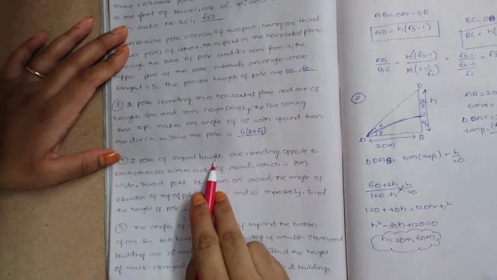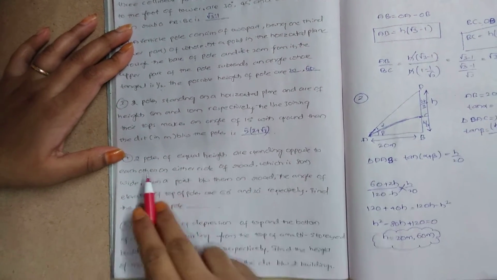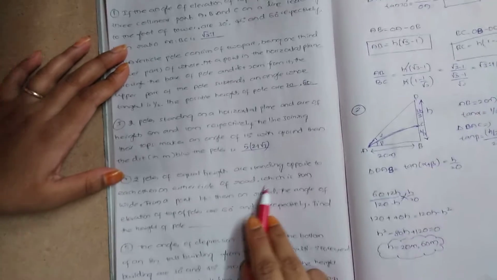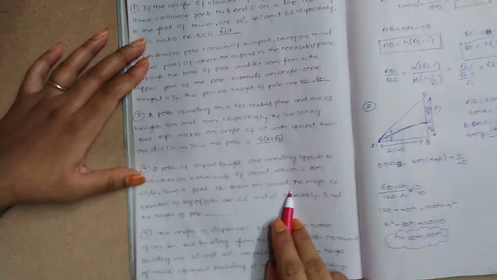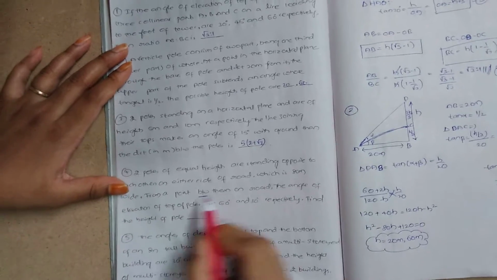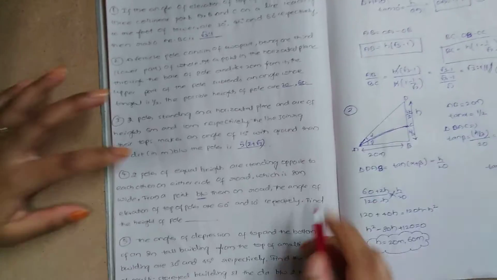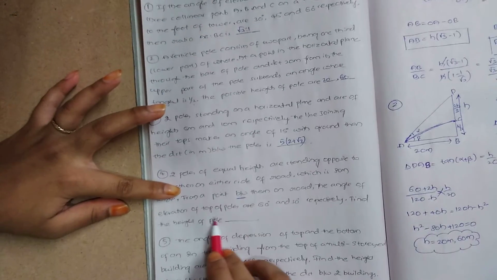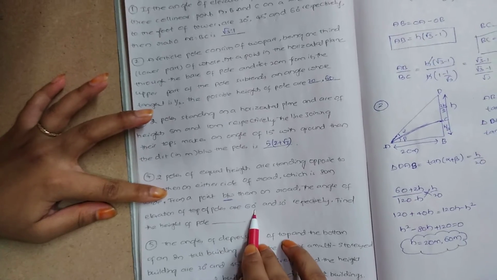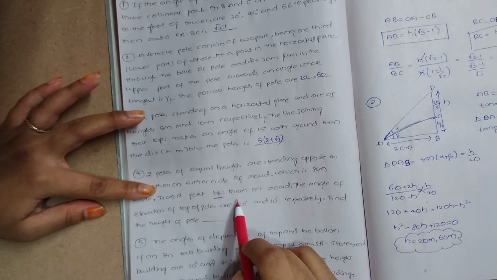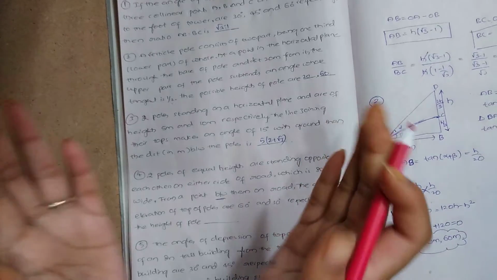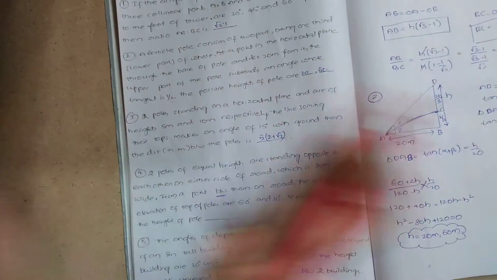Now fourth question. Two poles of equal heights are standing opposite to each other on either side of the road, which is 80 meter wide. From a point between them on the road, the angles of elevation of the tops of the poles are 60 degrees and 30 degrees respectively. No, it can't be the midpoint. Why? Between doesn't mean equal distance.